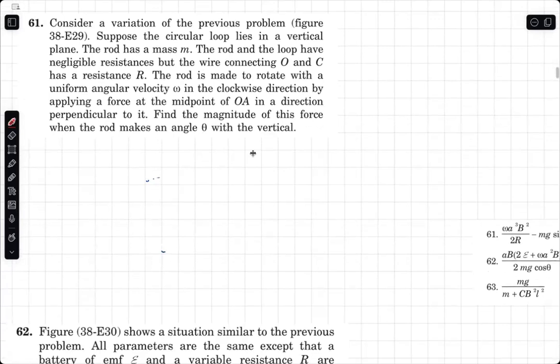So consider a variation of the previous problem. Suppose the circular loop lies in a vertical plane. The rod has a mass M, and the rod and the loop have negligible resistance, but the wire connecting O and C has a resistance R. The rod is made to rotate with uniform angular velocity omega in the clockwise direction by applying a force at the midpoint of OA.